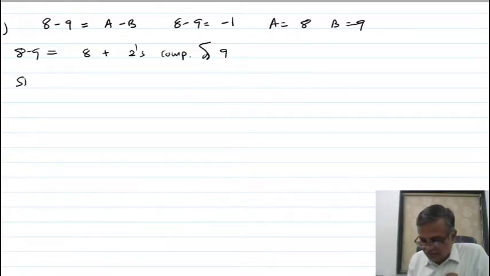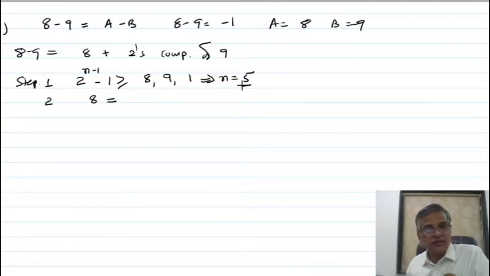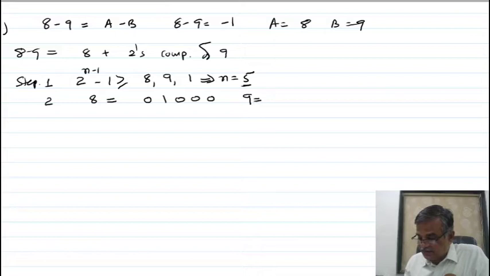Step 1. I am using this equation to find the number of bits, taking the magnitudes of A, B, and A minus B. From this I am getting n equal to 5. Step number 2. 8 is represented in 5 bits as 0, 1, 0, 0, 0. 9 is represented as 0, 1, 0, 0, 1.